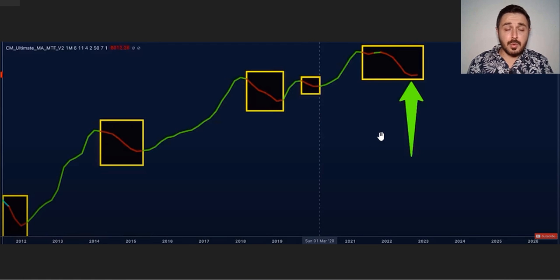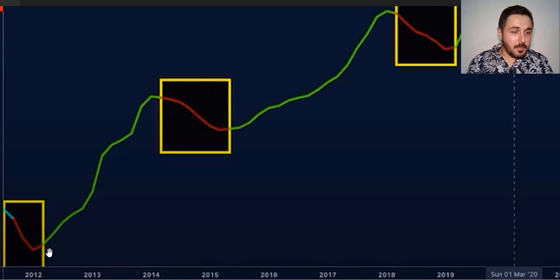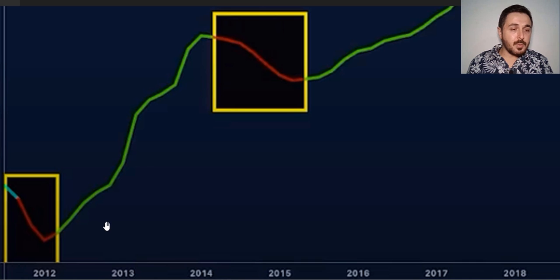But what you want to keep your eyes peeled on is, if you can realize over here in 2012, when the bear market ended, the red line changed its direction, had an incline or a change in direction to the upside. We were in red moving to the downside. We changed our momentum, switching to the upside, plus also later on having the line turn to green. That's when our bull run picked up.